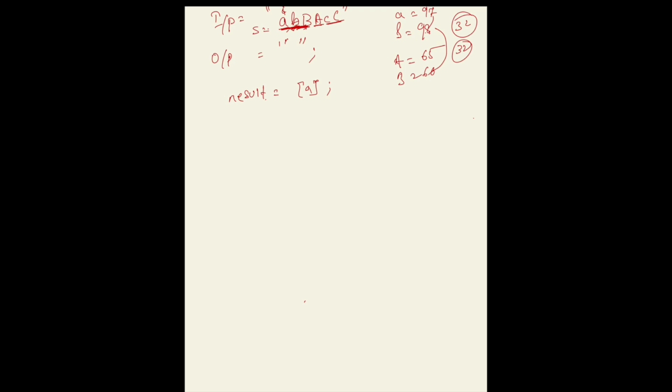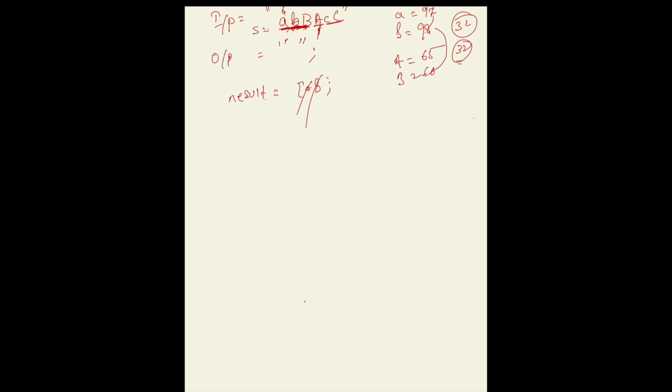So we push it: AB. Now we check the next B. The difference is 98 minus 66, which is 32, so we pop this one. Now A is present. Again we go to the next one. The difference between small a, 97, and capital A, 65, is 32, yes, so we pop it again. Now the array is empty.